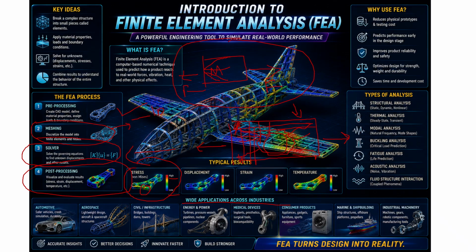Here in the image, the stresses are more in the red region and less in the blue region. Similarly, the software will show where there is more strain or more displacement, and similarly the temperature distribution. These are the kinds of results the software will show us.